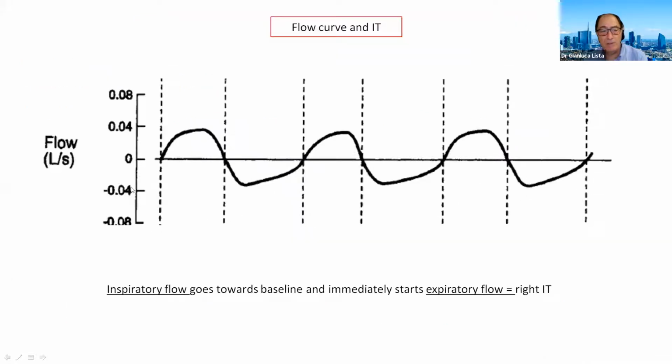It's very important to observe on the flow curve that the inspiratory flow goes toward the baseline and immediately starts the expiratory flow. This is the same thing you have to control in the delivery room, because in mechanical ventilation, when you have this curve, you are using an adequate inspiratory time.